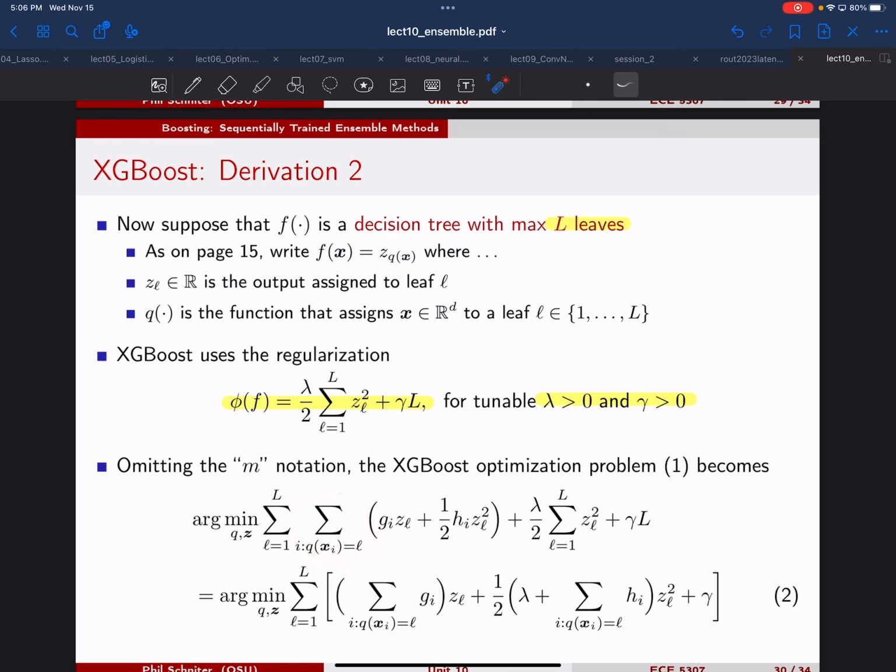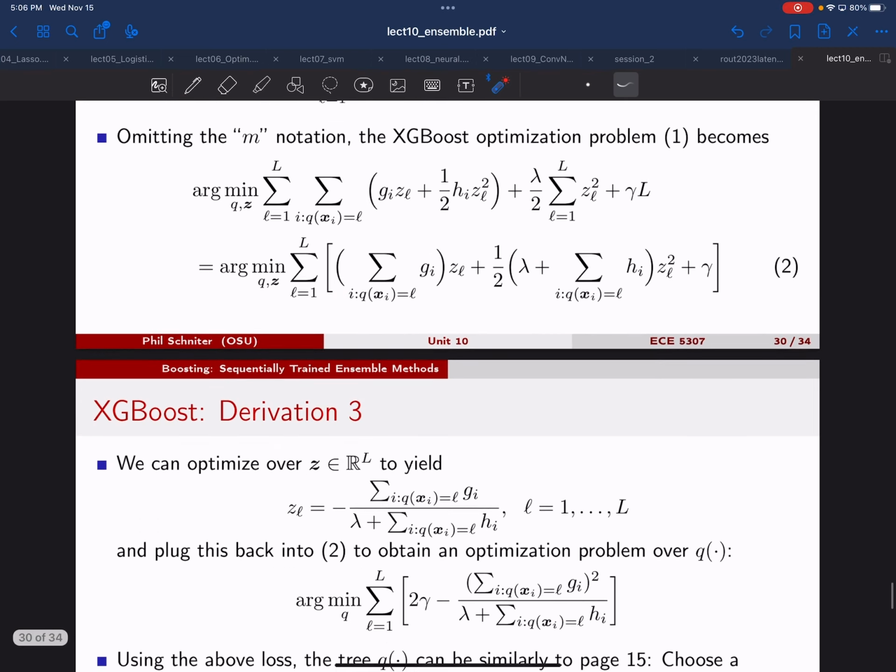And then the very last term, we have a lambda here, but because I'm putting that inside the sum, that will add up L times to make this L. Okay, so finally, we get this cost, which is sum over leaves, and then for each leaf, we have this particular cost.